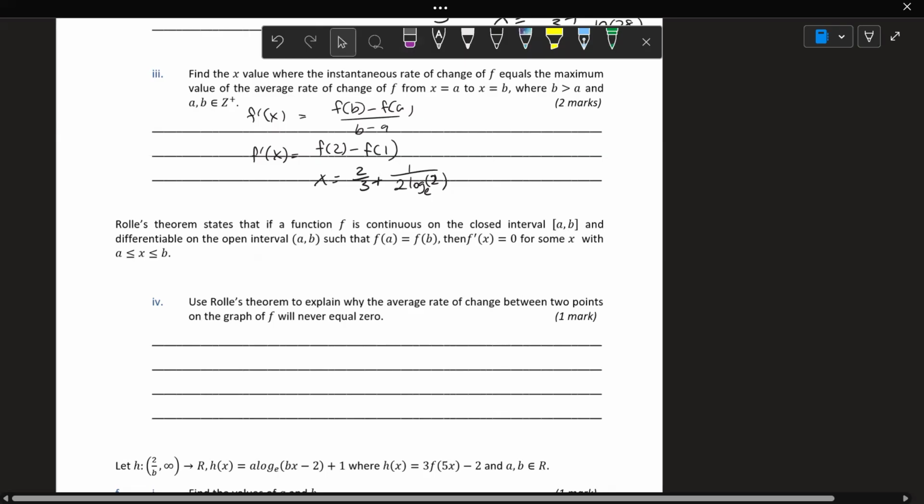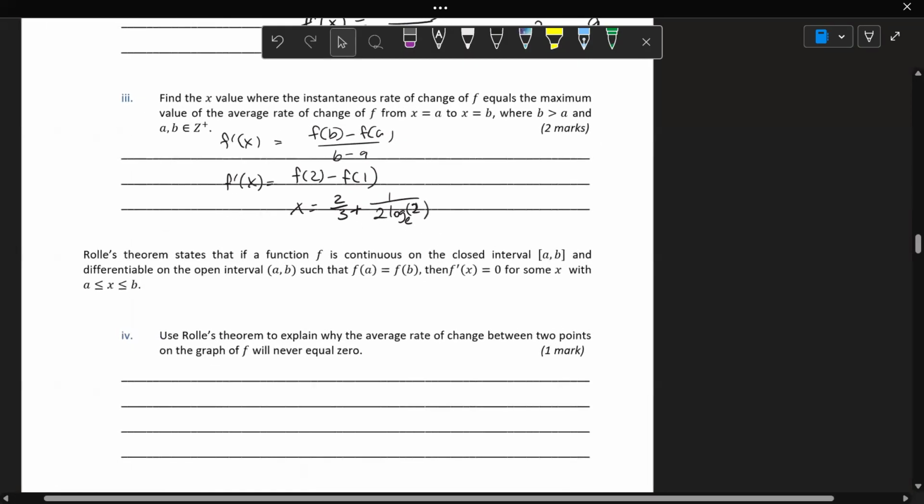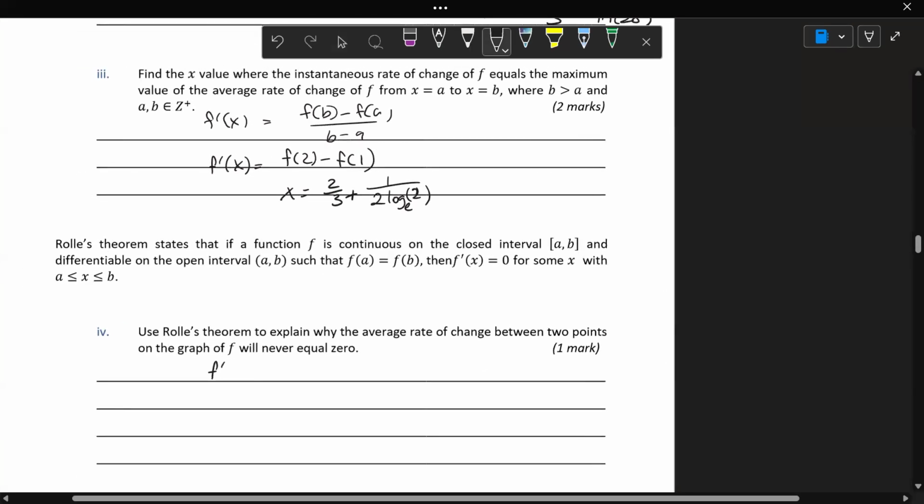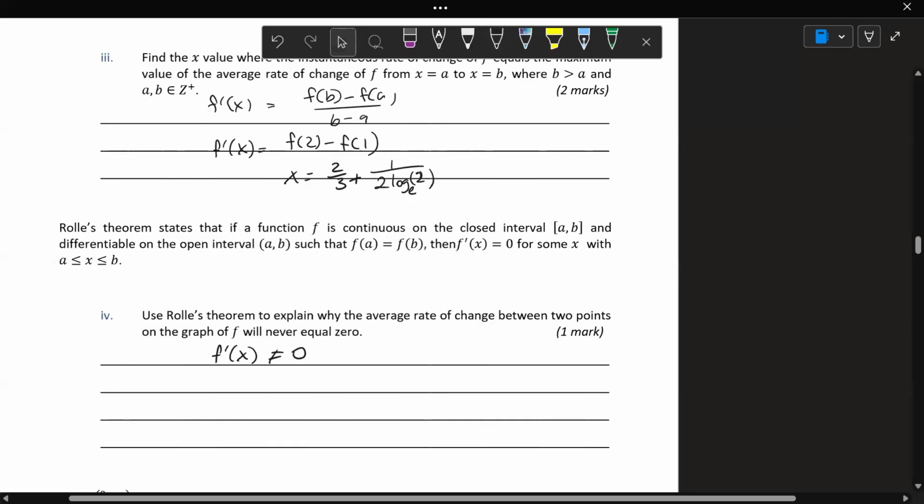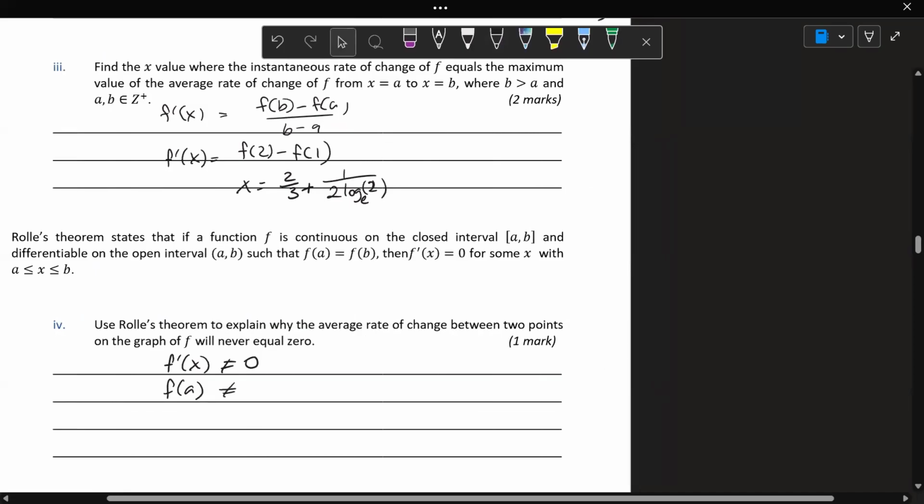Okay, so in this case, the function f is continuous, and it is also differentiable on the open interval. However, f dash of x can never equal 0 here. If that's the case, we can also conclude that f of a can never equal f of b, because without a turning point, a function cannot ever reach the same value again.